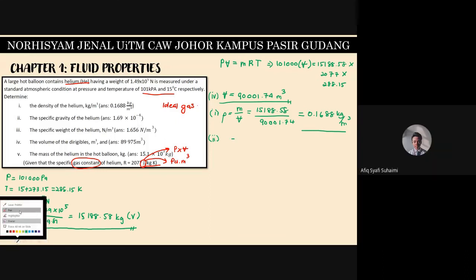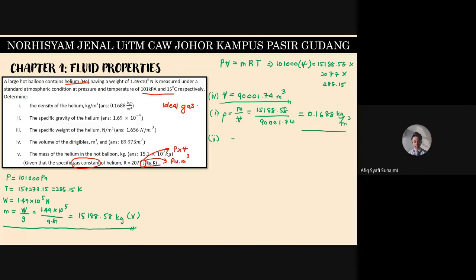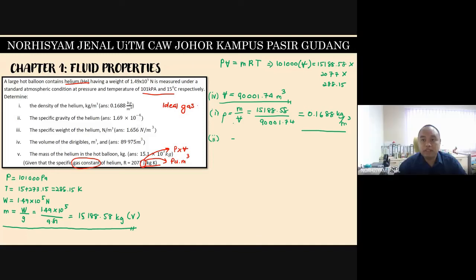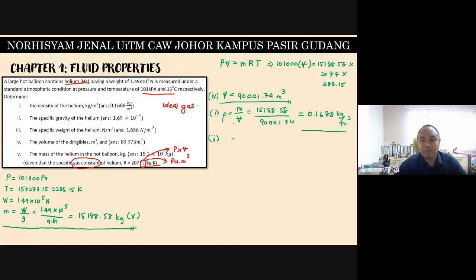Is it acceptable if I write the answer for the volume as 9.00 times 10 to the power of 4? Yeah, it's acceptable. As long as you use the numbers correctly, it represents the same thing. 9 times 10 to the power of 4 is 90,000.